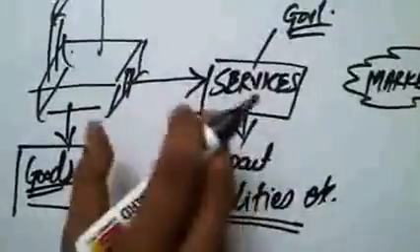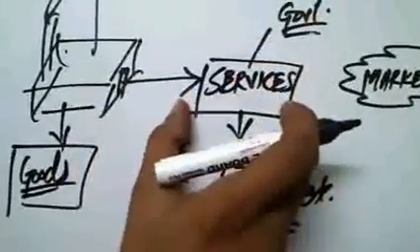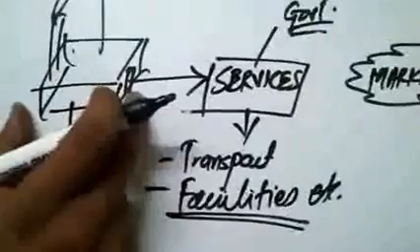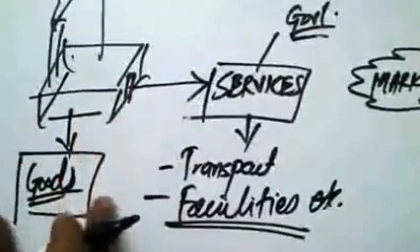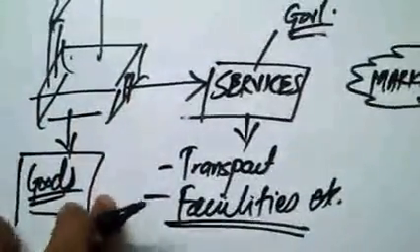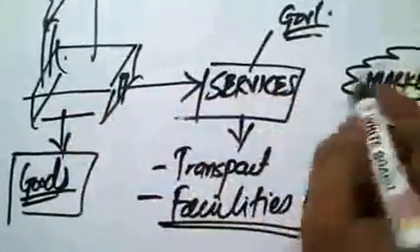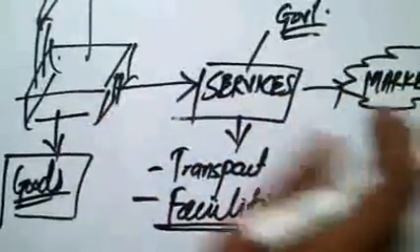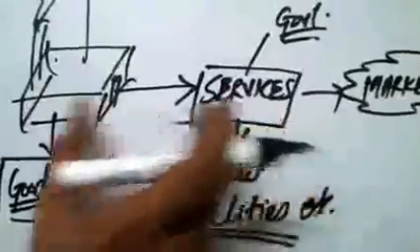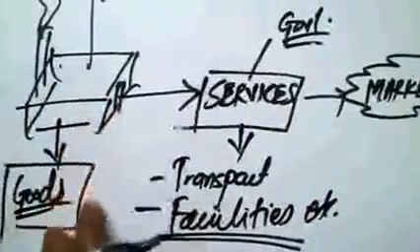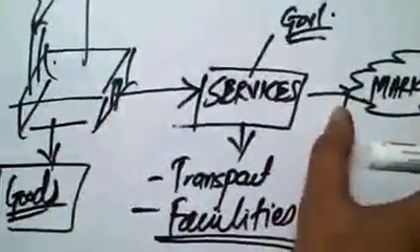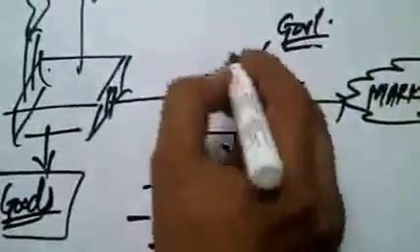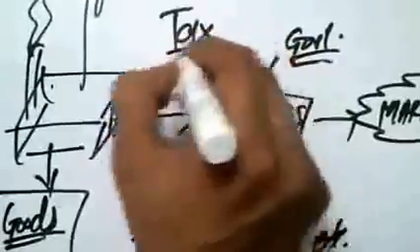With the help of these services, factories and organizations provide their goods to the market. So for giving these services, government charges tax.